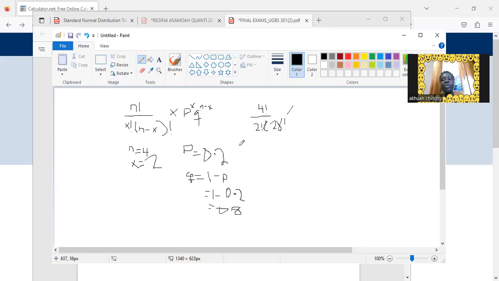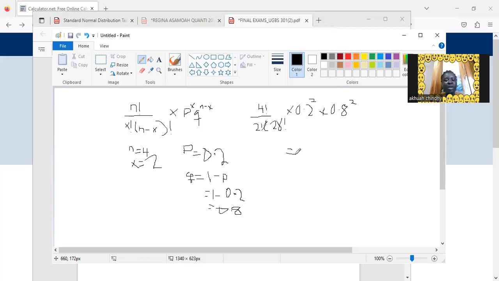Times our p, which relates to the x, that's defective, is 0.2, raised to the power x, x is 2. Times q, which is 1 minus p, and is 0.8, raised to the power n minus x. We know that n is 4, x is 2, so 4 minus 2 is 2. Then we solve with our calculator and we get our answer.